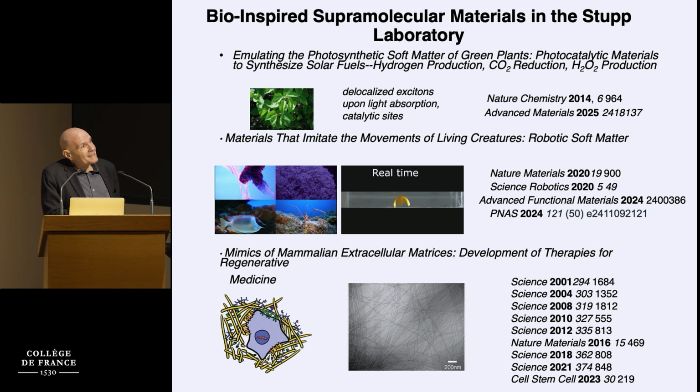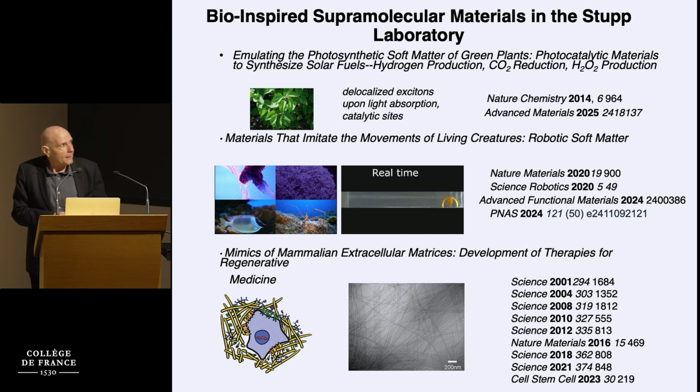And our translational objective is to develop therapies for regenerative medicine. So what we want to do is create artificial forms of an extracellular matrix. Here you see the elements, which are typically one-dimensional structures, and there's a long history in our development of these structures.